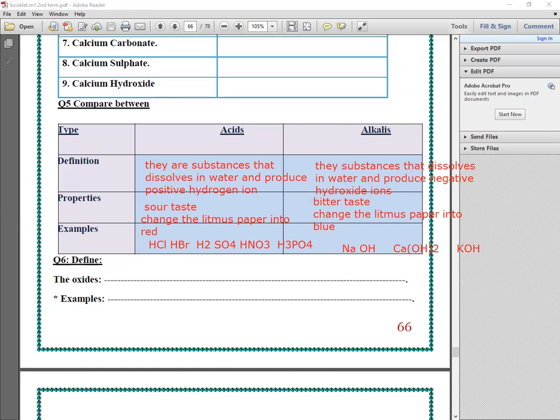Okay, last question. Define the oxide. What does it mean by oxides? It's a very simple definition.